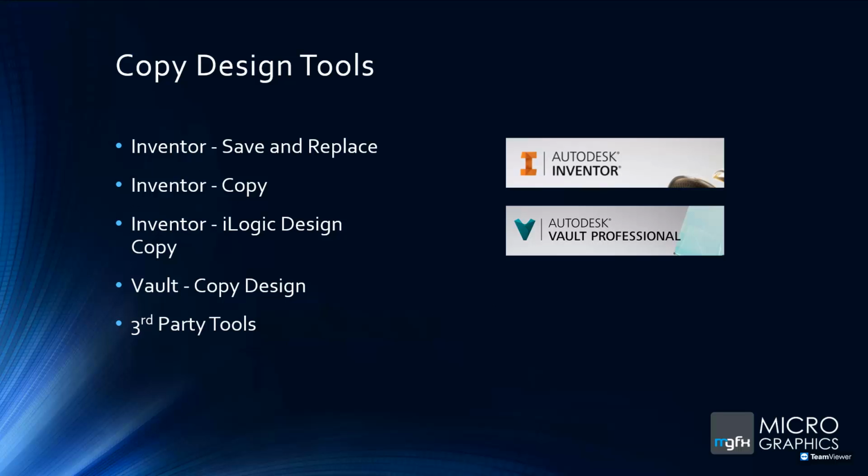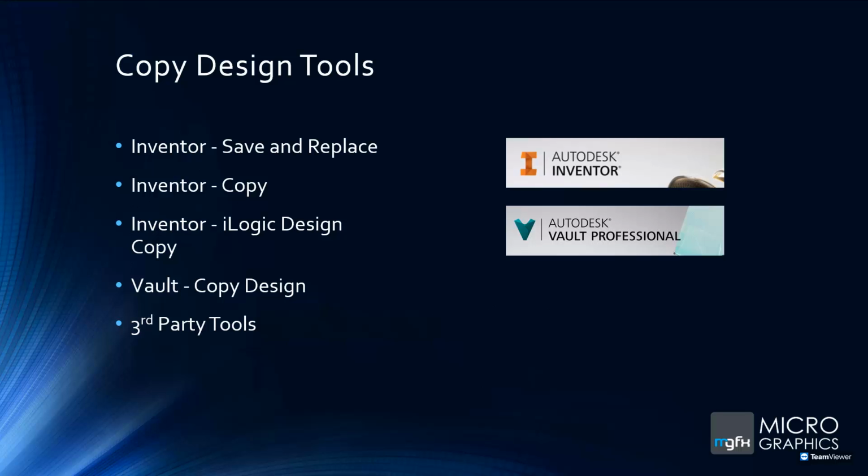So essentially it automates the process of doing a file save as, changing the name, deleting the old part and putting the new part back in. It automates that process a little bit more. There is also a copy option in Inventor under the assembly patterning tools that allows you to take a subassembly or part, create a copy, and apply some naming to that.